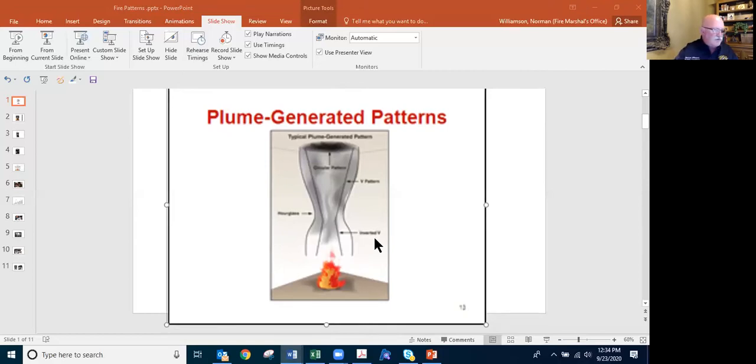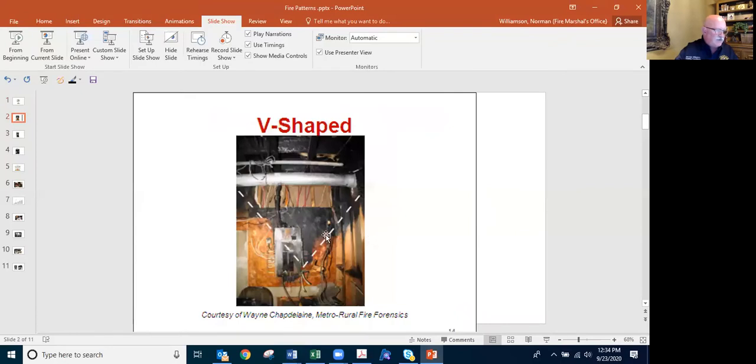Now I'm going to show you a V-shaped pattern. When you look at this V pattern, see how it comes up and across here? It shows if there's photographs on the wall, see how your studs are burned out like this.